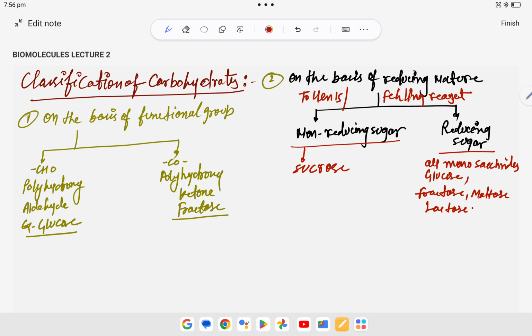Okay, so non-reducing sugar and reducing sugar. On the basis of reducing nature, two kinds of carbohydrates we have: reducing sugar and non-reducing sugar. So check it once again.